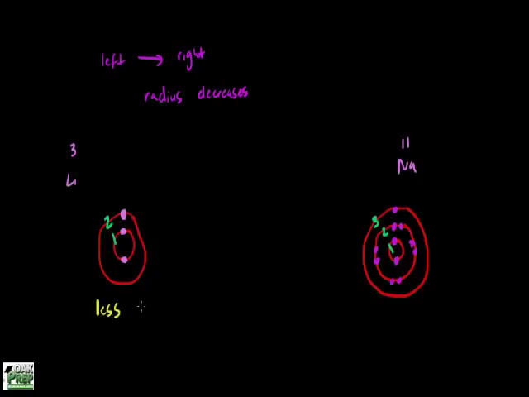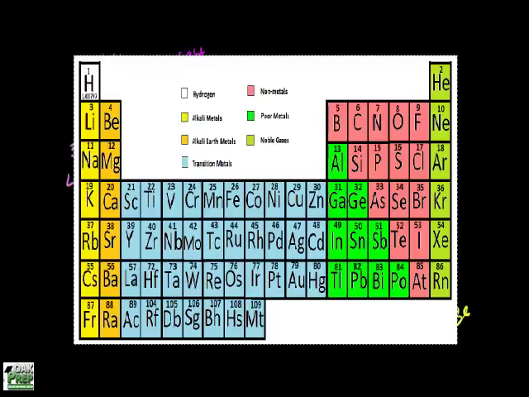So less radius, you can say, or size, less size. So over here we have greater size, because from here to all the way out here is greater than this one. So greater radius and size.